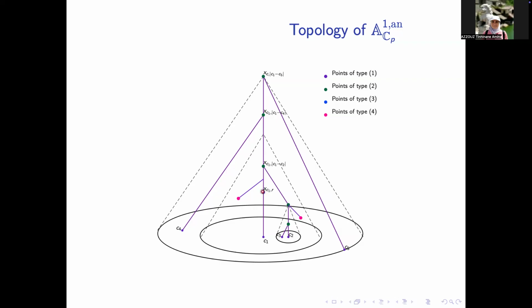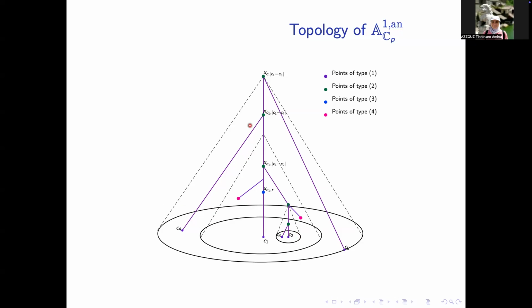And here, for R, there may exist some value in R for which there is no element in CP that has absolute value equal to R. Then if R is such an R, the only point that is glued to this point is the point C here. There is no other point that can be glued here.